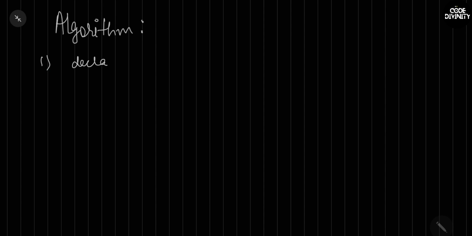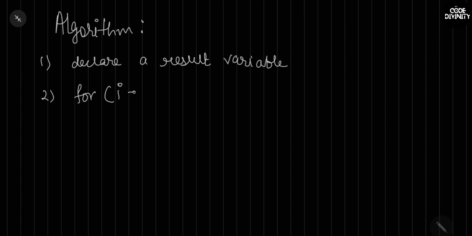First, we declare a result variable. This variable will store the summation of both the diagonals. Then we will start a for loop which will move from I equals 0 and go up to size of matrix.